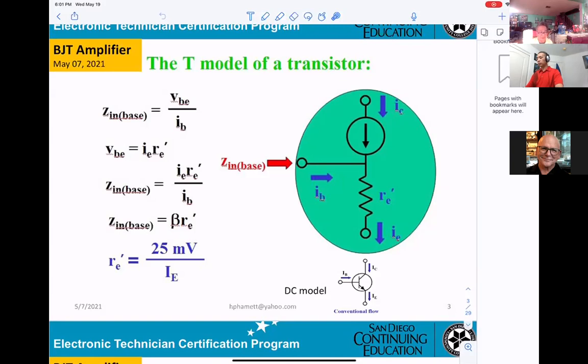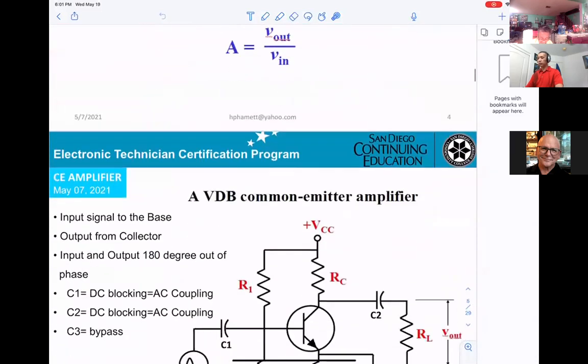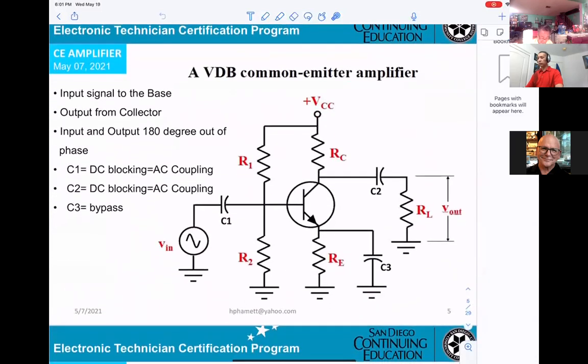Let me try to explain to you. Normally for the voltage divider, you calculate the voltage at the base by taking VCC times R2 divided by R1 plus R2. However, if you're looking at that circuitry, if they want the voltage here, then normally I tell you to take VCC times R2 divided by R1 plus R2.